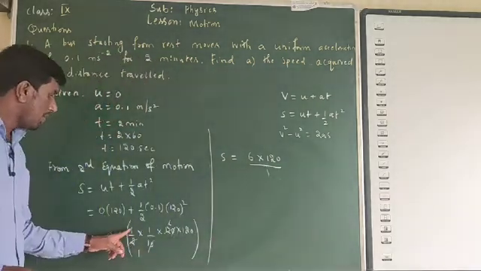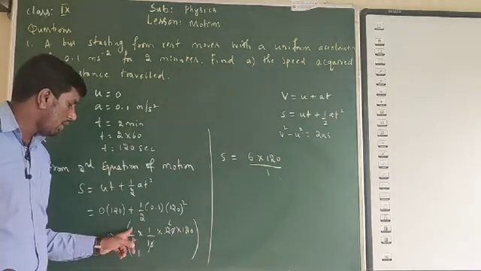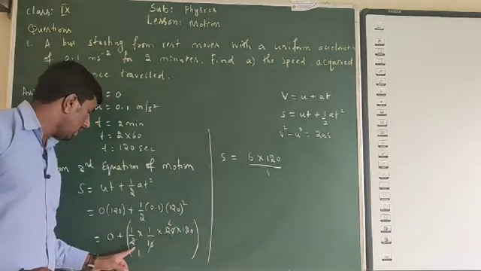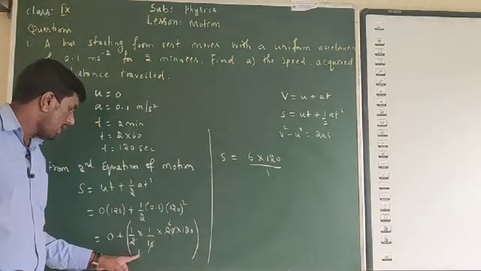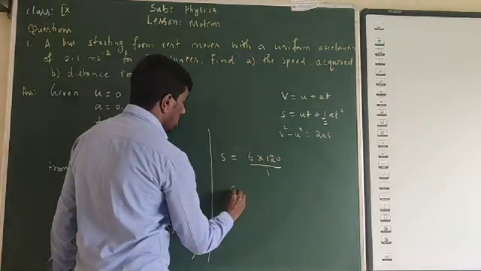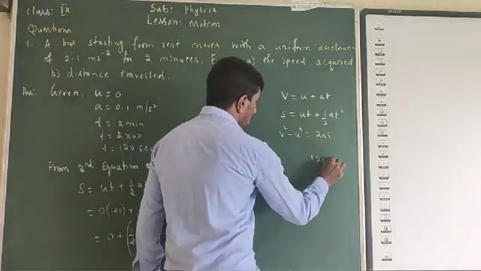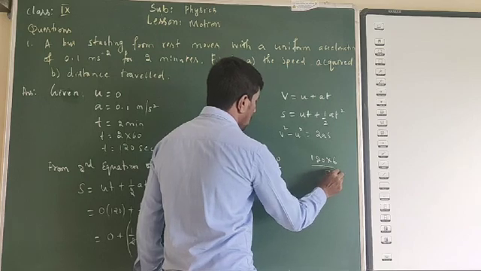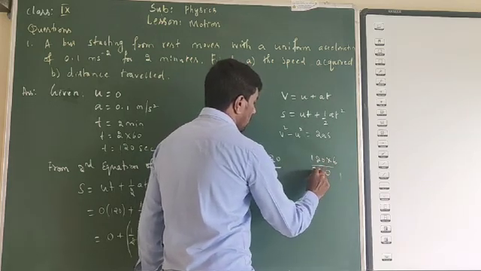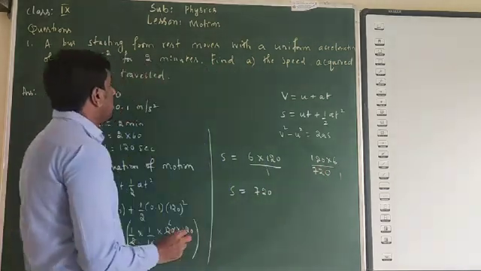Numerator multiplies, denominator multiplies. So s is equal to 6 into 120. 6 times 0 is 0, 6 times 2 is 12, 6 times 1 is 6, 6 plus 1 becomes 7. So 720.